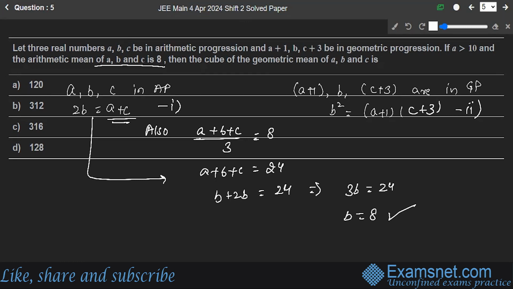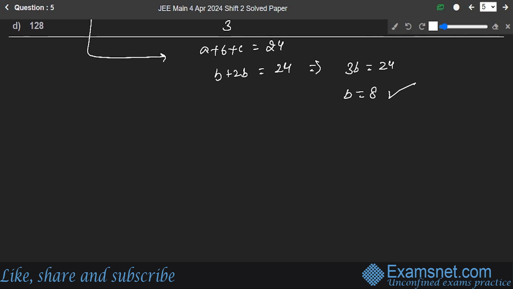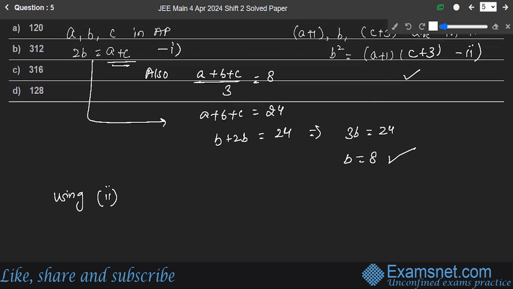Now let's open up equation 2. B squared is (A plus 1) into (C plus 3). B squared is 8 squared, which is 64.